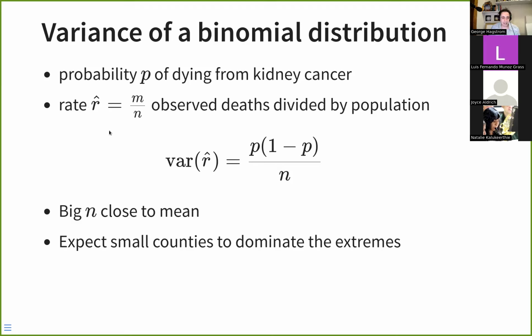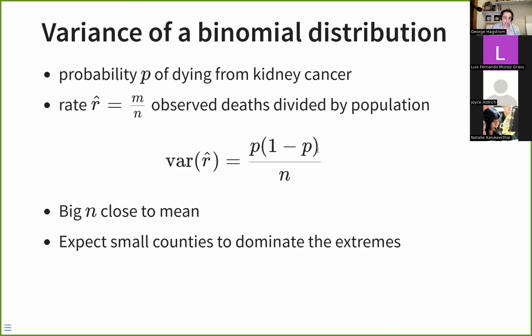If we asked ourselves about this estimator, this sample distribution R, what's the expected variance for it? For a binomial proportion, we would get p times 1 minus p divided by n. This variance is going to depend on n a lot.